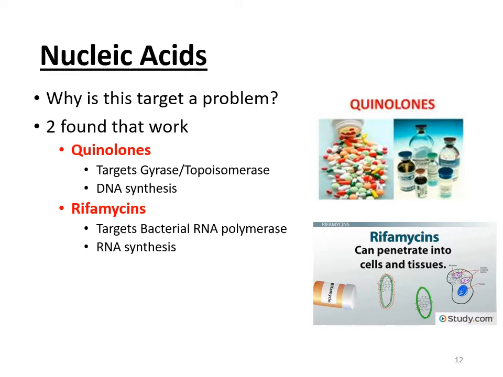But since we both have DNA, RNA, and similar kinds of structures, you will see a lot of side effects with these. So targeting nucleic acids is a problem because humans and bacteria have similarities.